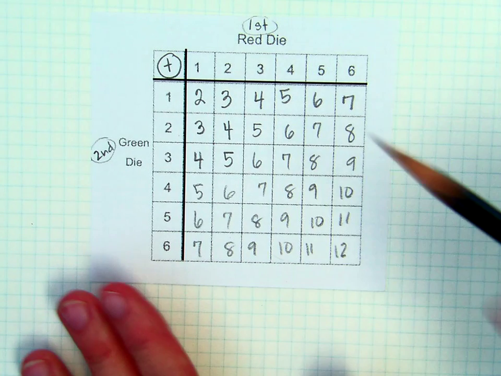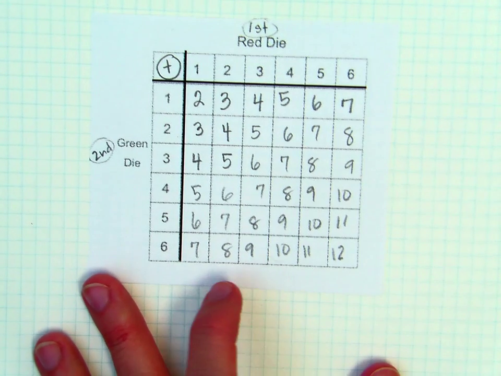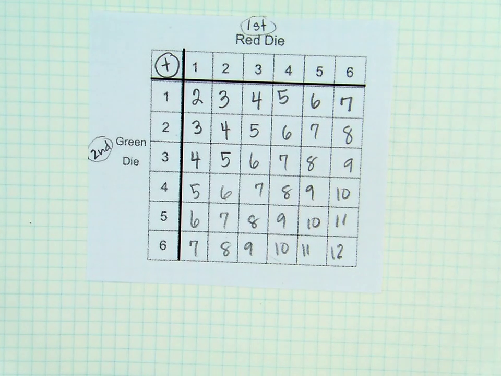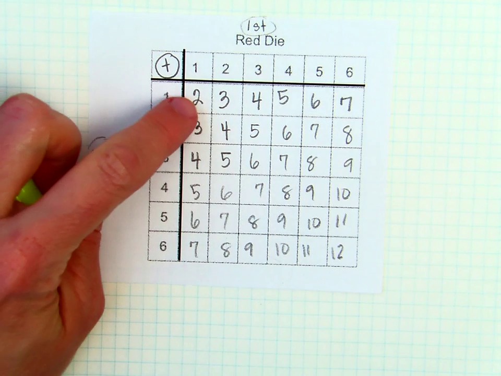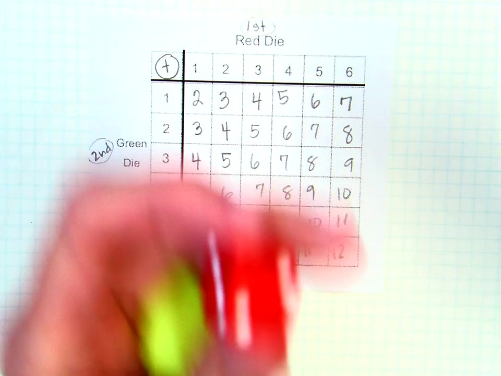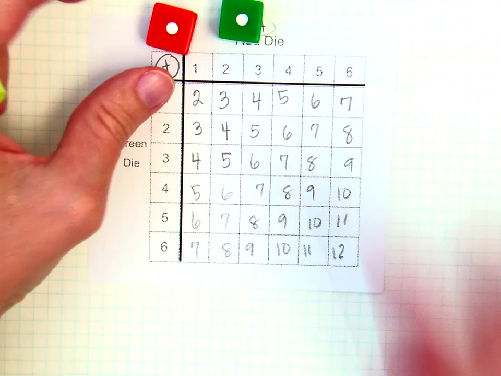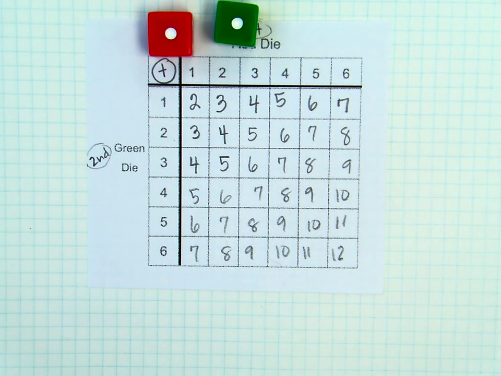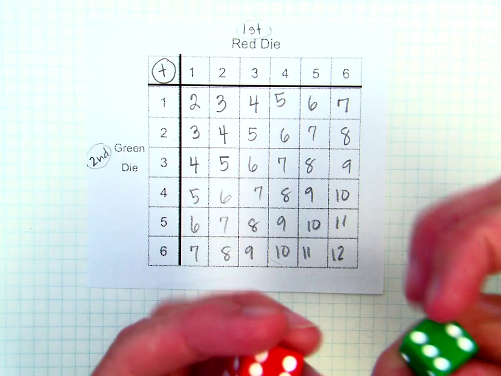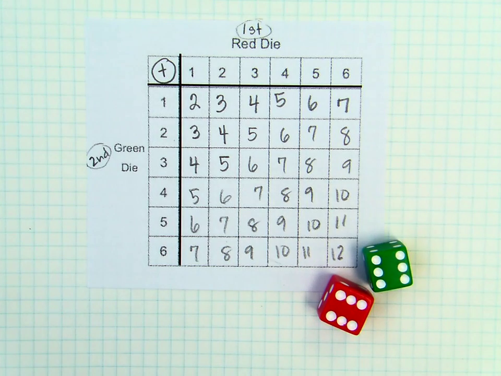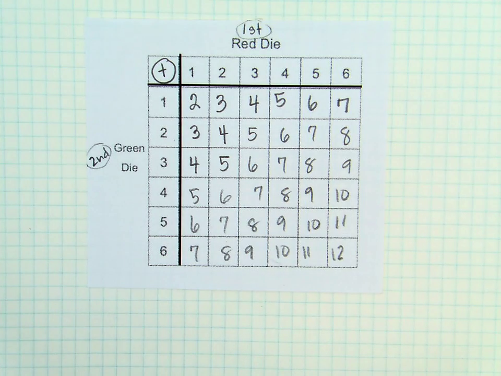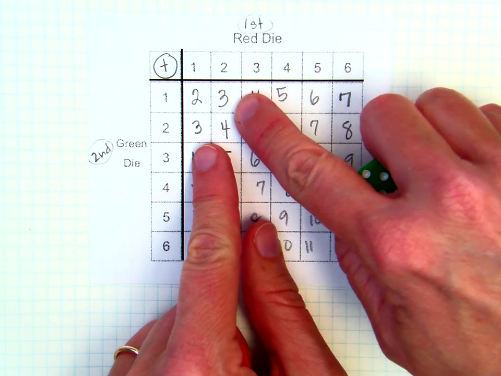Let's look at what's most likely and least likely now. At the ends, we have the least likely. There's only one way to get a 2, which is a 1 and 1 on the dice. And there's only one way to get a 12, which is a 6 and a 6. There are two ways to get a 3.